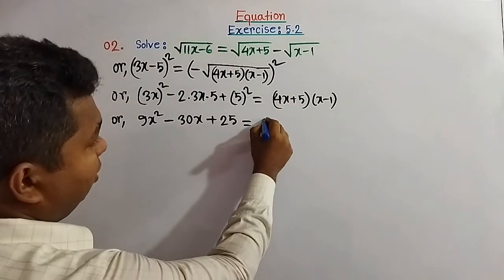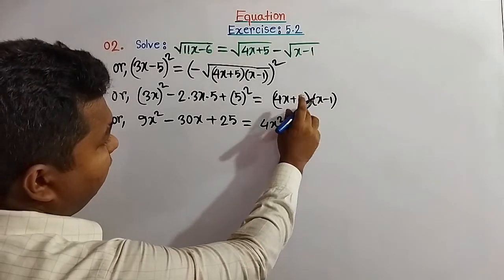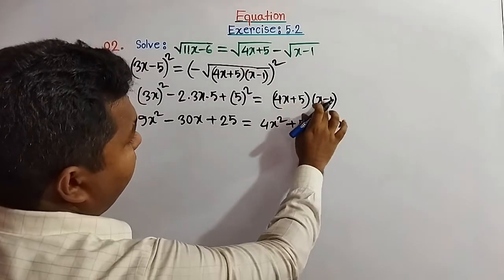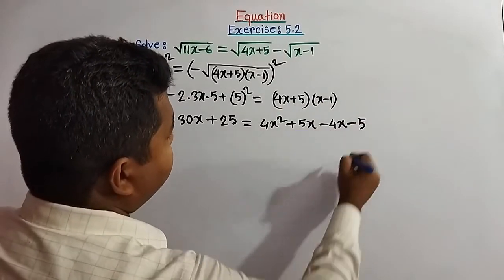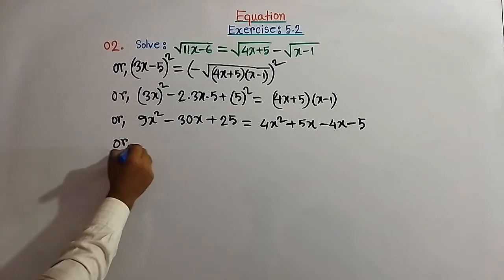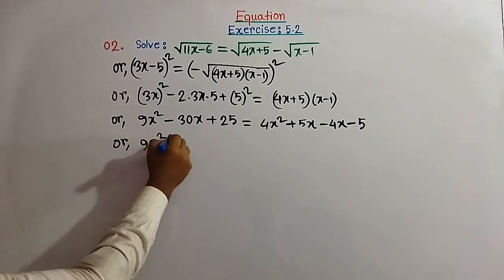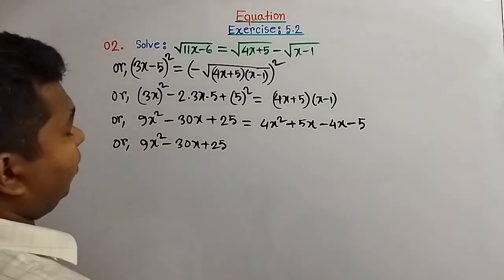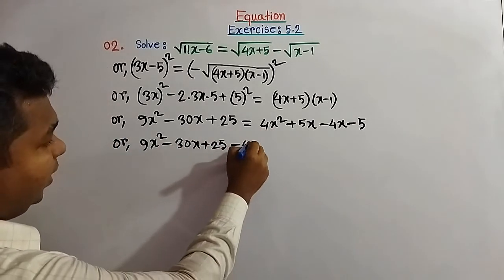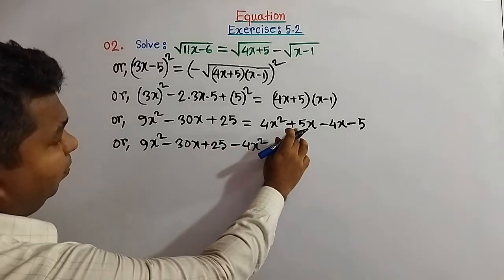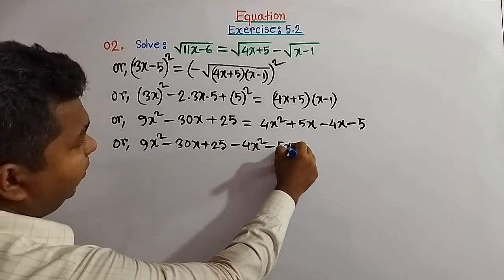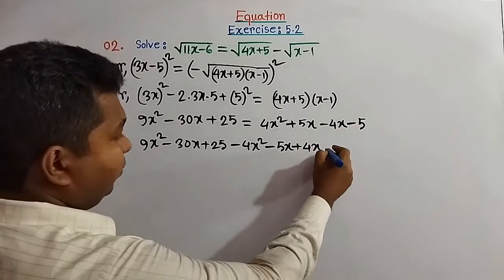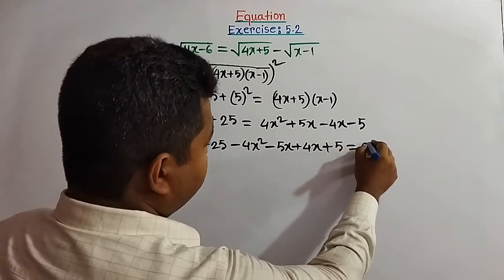we will get here 4x², then plus 5x − 4x, then plus minus makes minus 5. So here 9x² − 30x + 25, then plus 4x² becomes minus 4x², plus 5x becomes minus 5x, minus 4x becomes plus 4x, minus 5 becomes plus 5, equal to 0.